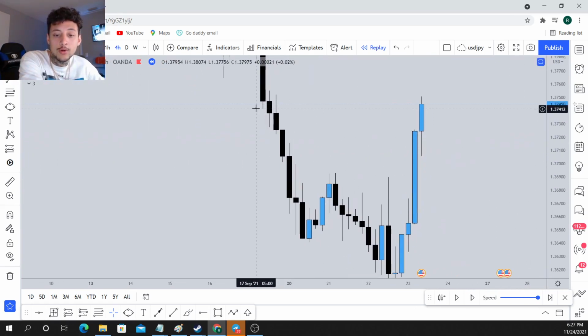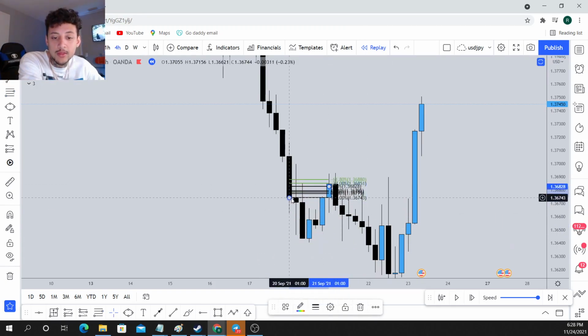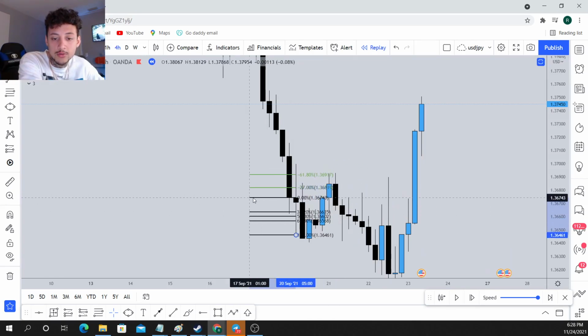We can all agree that these are all strong candlesticks, except for this one. This is a pretty weak bearish candlestick because it closed in between the 0 and the 38.20, which I just got to invert here. Notice how it closed in between the 0 and the 38.20.